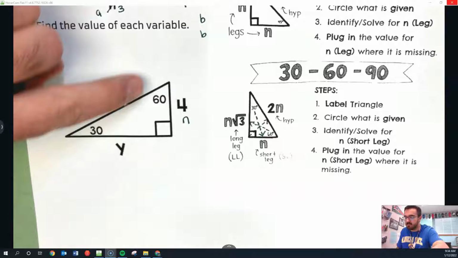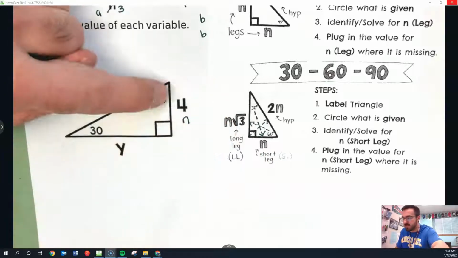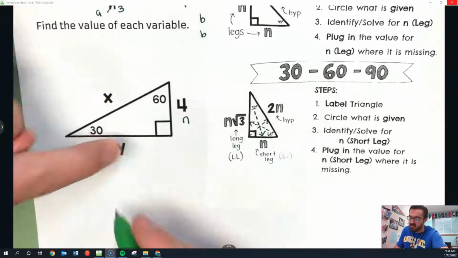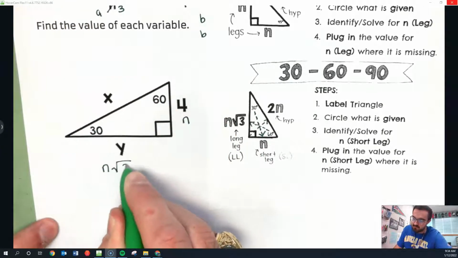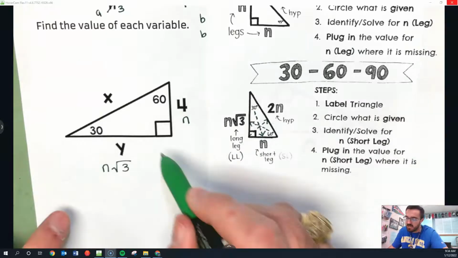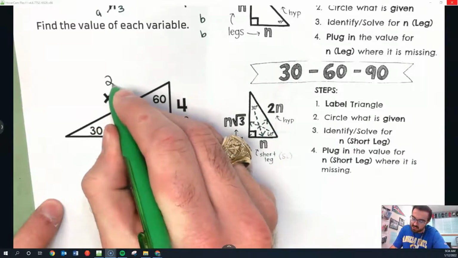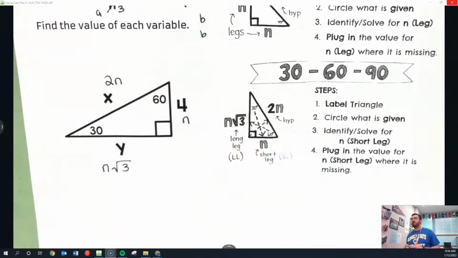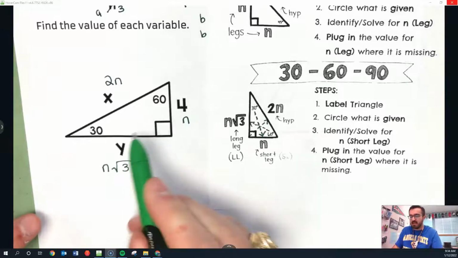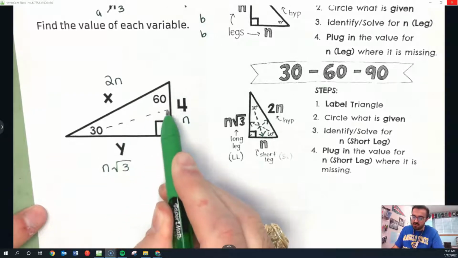What about 60? The side across from the 60-degree angle is going to be labeled n square root of 3. The side across from the 90-degree angle is obviously the last one, which is 2n. If you're struggling with labeling that, maybe rewind the video and watch that again. Notice how I label things based on what angle it's across from.